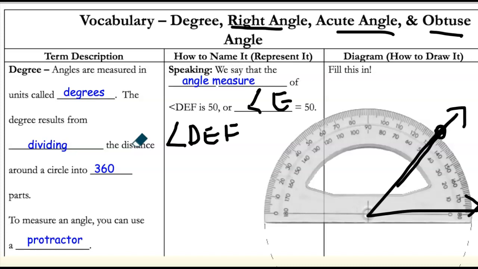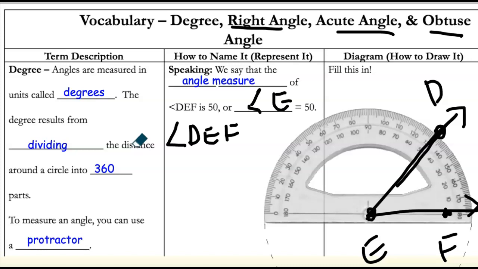Where here, let's say that this is D, this is E, and then we have something over here which is F. So we're not actually going to be using angle measure here, even though it does talk about it, because I don't want you guys to be using materials.